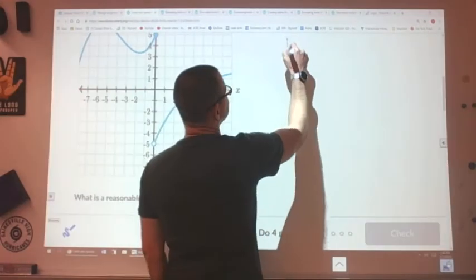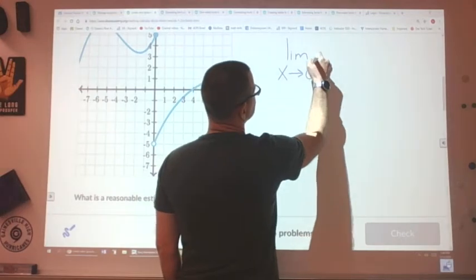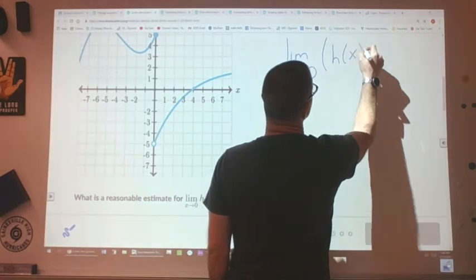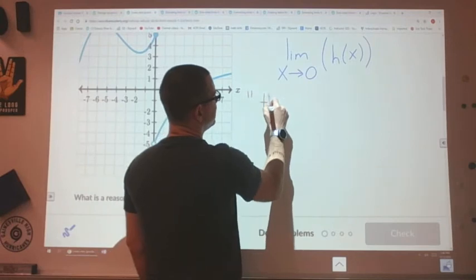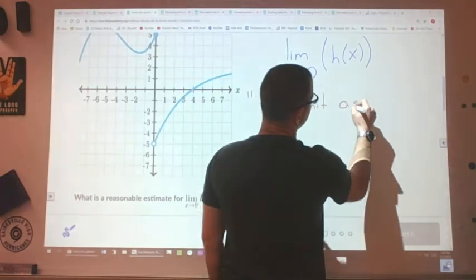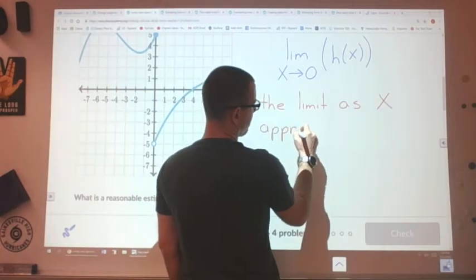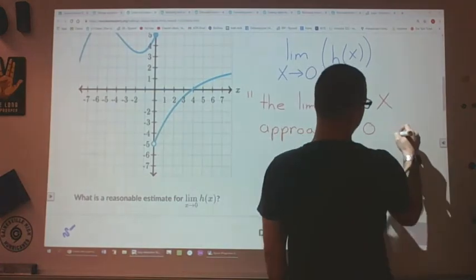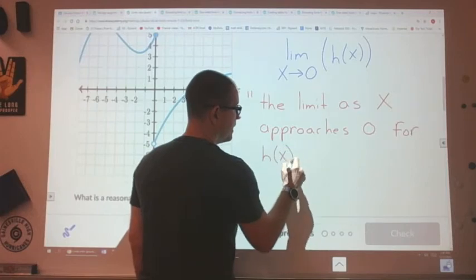So I'm going to write that out so we can see it's the limit as x approaches 0 of h of x.